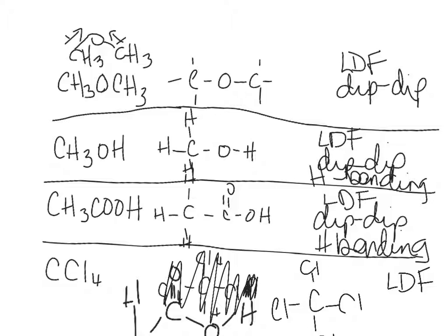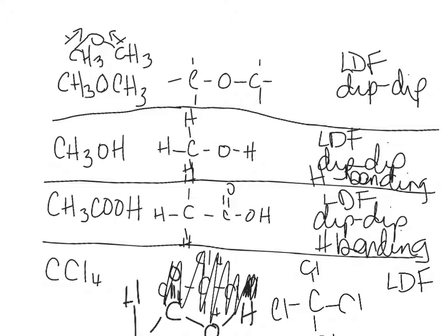So that leaves the middle two. Can they make hydrogen bonds? Yes. So they are going to hydrogen bond with water because it also contains OH bonds. Can one of them form more than the other? Is there more than one site on one of them? Third one, CH3COOH.